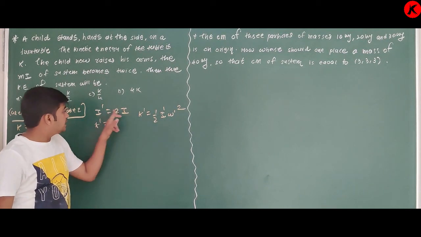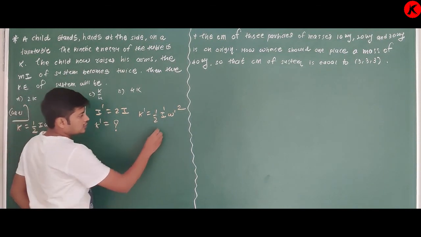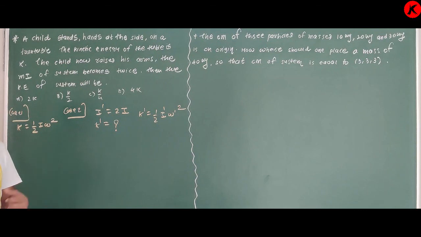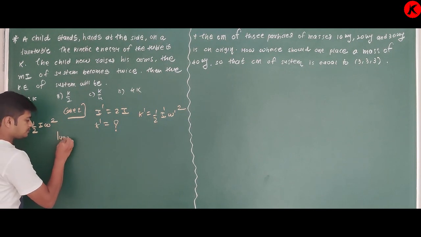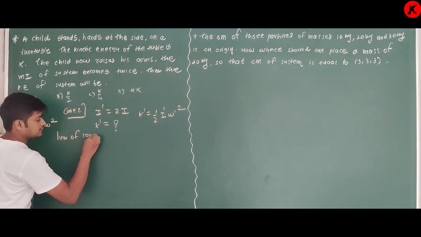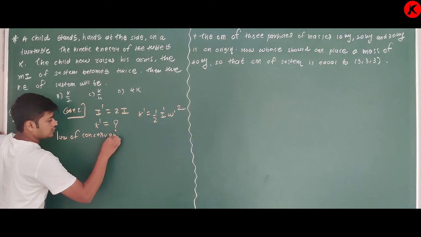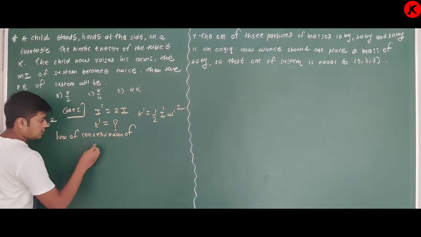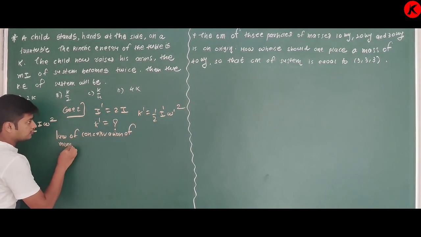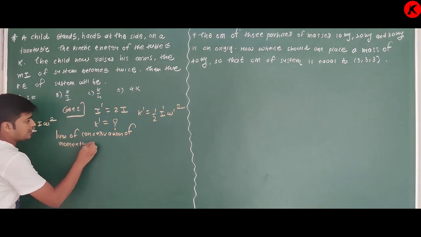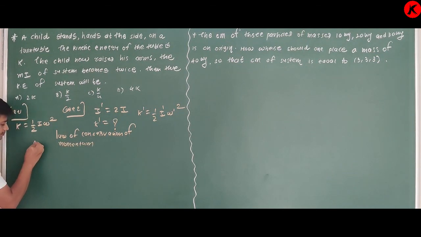Now, I dash, you are given the relation. First of all, you have to find the angular speed in case 2. For that we can use the law of conservation of angular momentum.